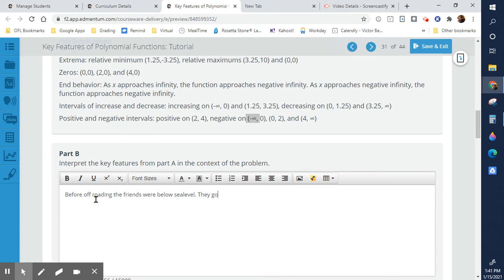They got to sea level when they started off-roading, but this was at the top of a hill.